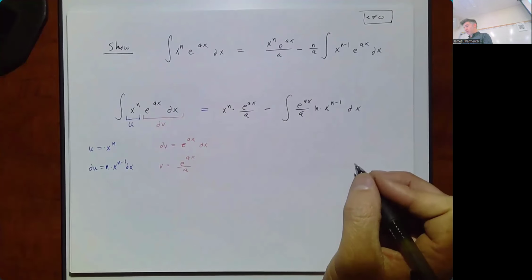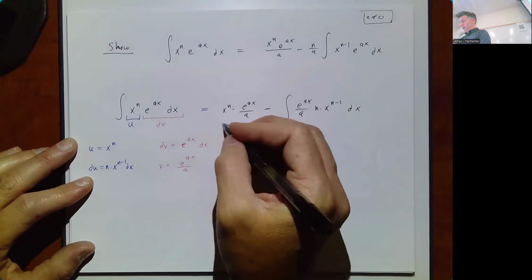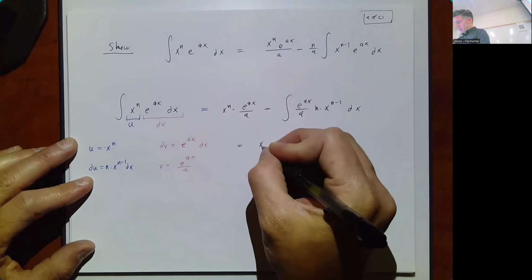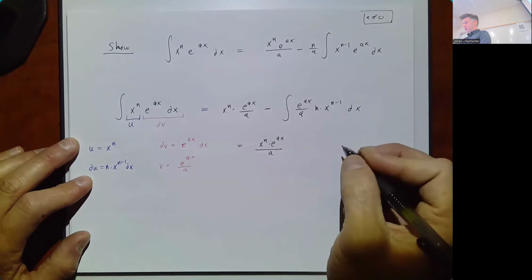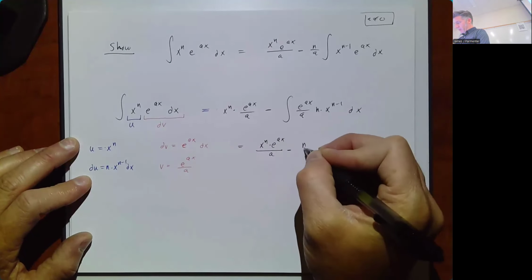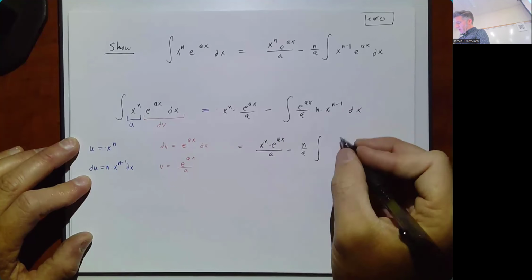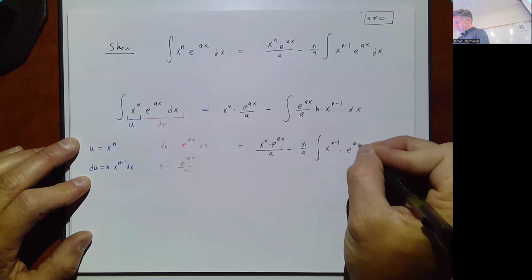Then we make a couple adjustments: I can rewrite this as x to the n times e to the ax over a, and pull out the n over a to get n over a times the integral of x to the n minus 1 times e to the ax.